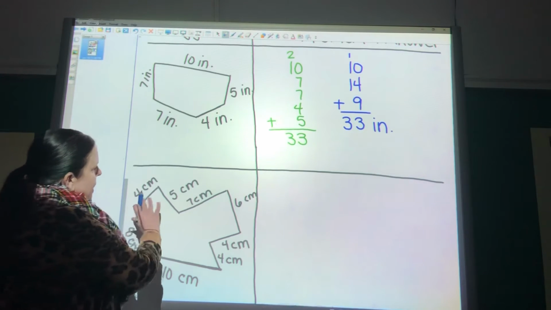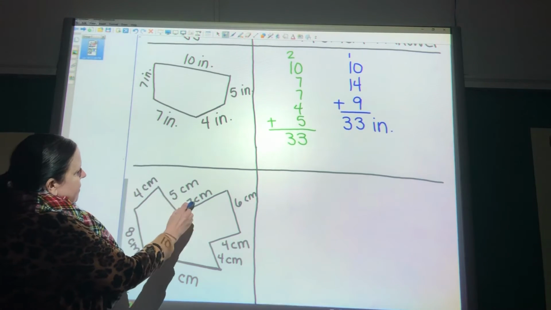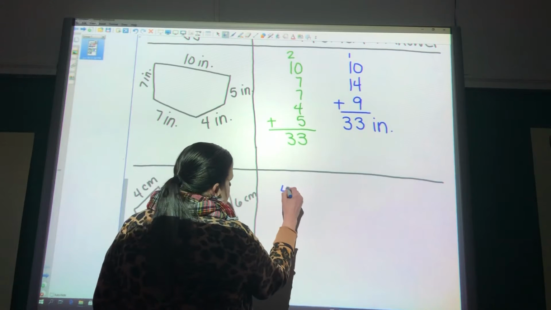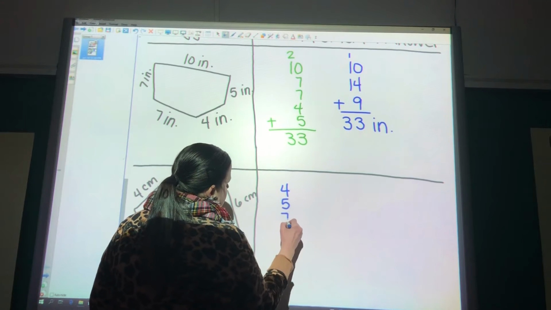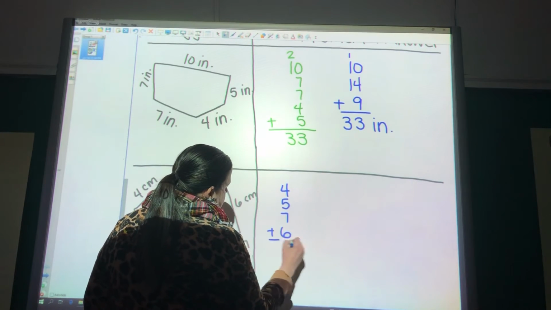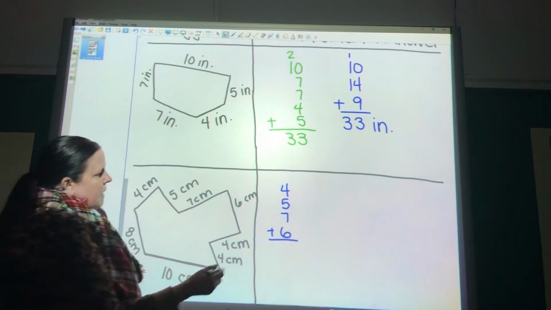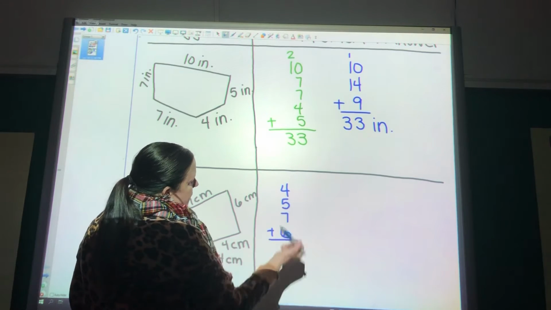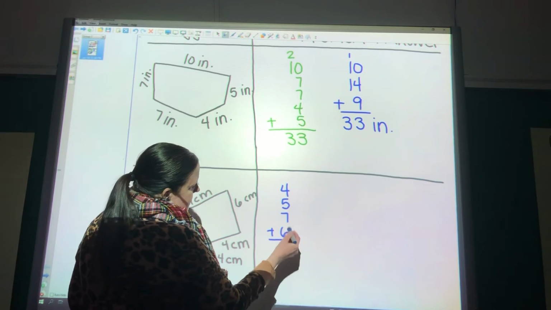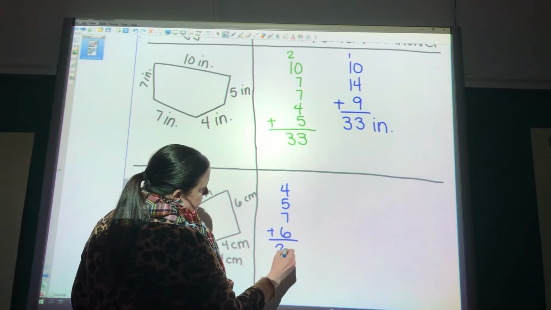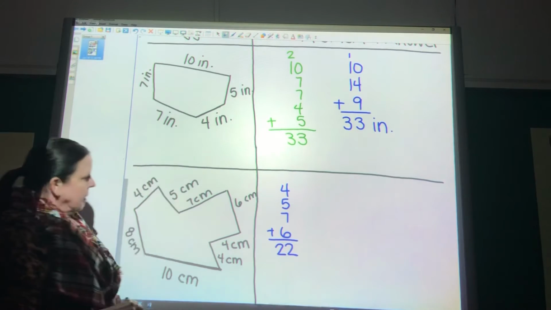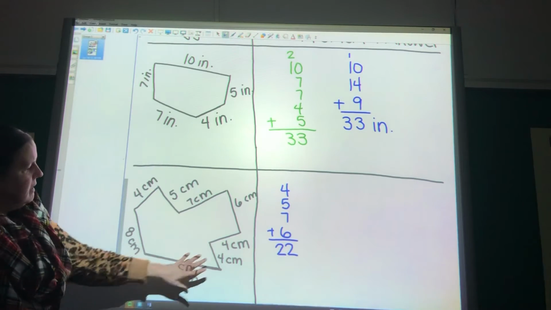So I'm going to make my first column. I'm going to do the 4, the 5, the 7, and the 6. So 4 plus 5 is 9. 9 plus 7 is 16. 16 plus 6 is 22.